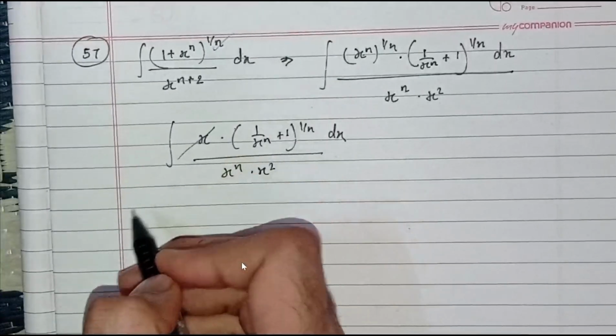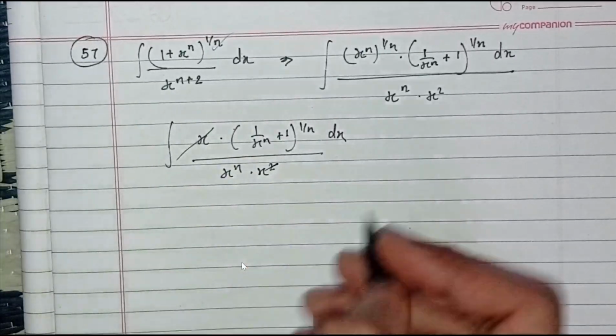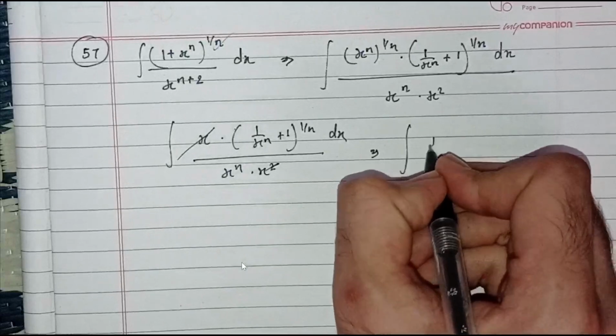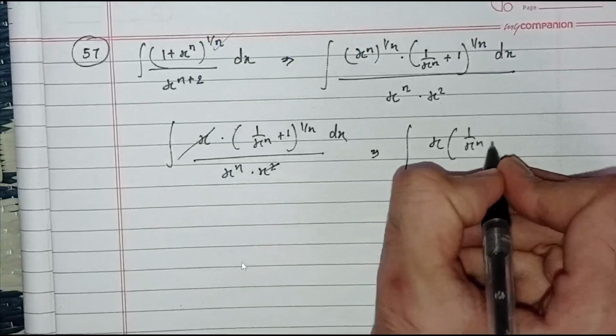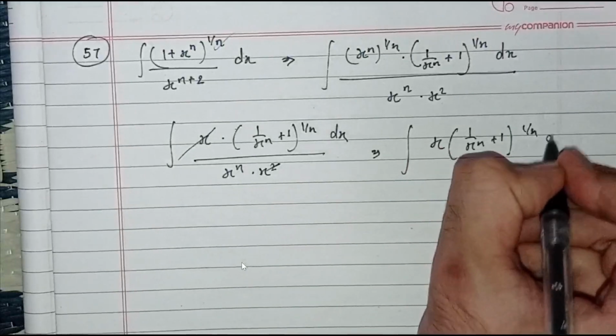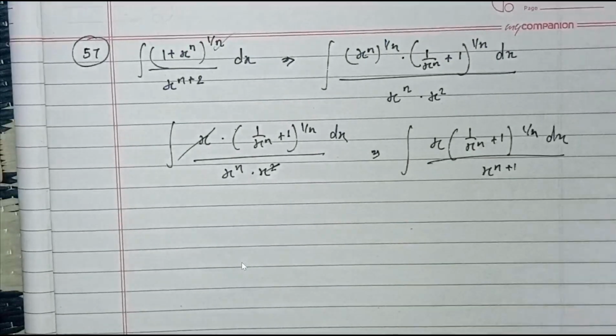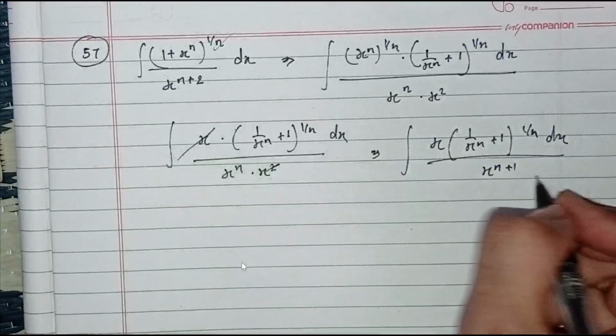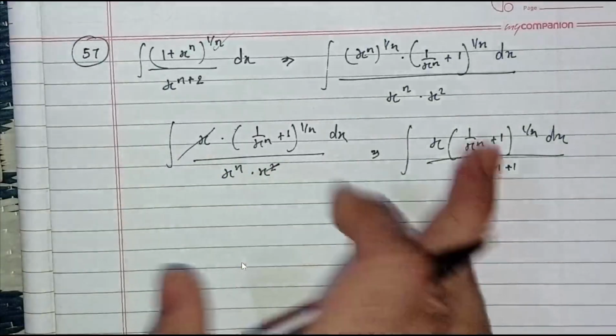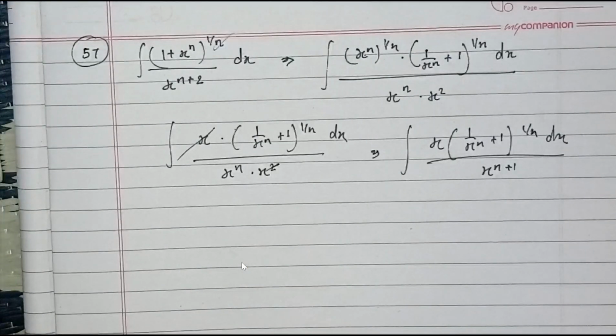Now I will be cancelling this x with this power 2. So x (1/x^n + 1)^(1/n) dx upon x^(n+1), or okay, let it be x^(n+1).